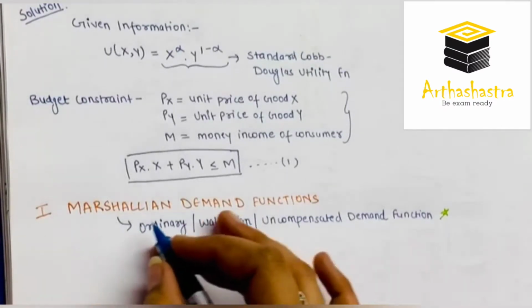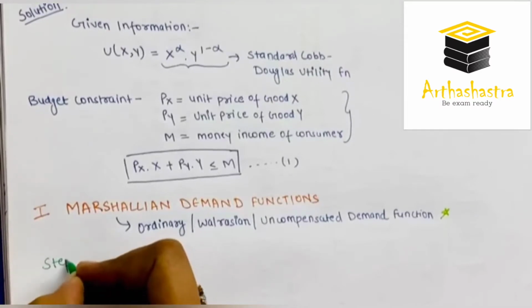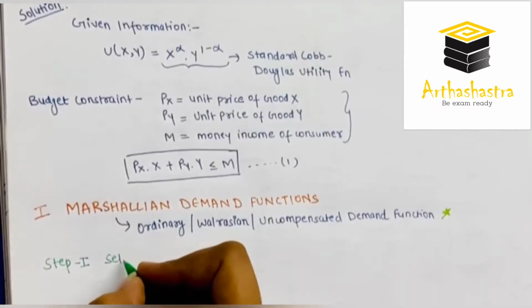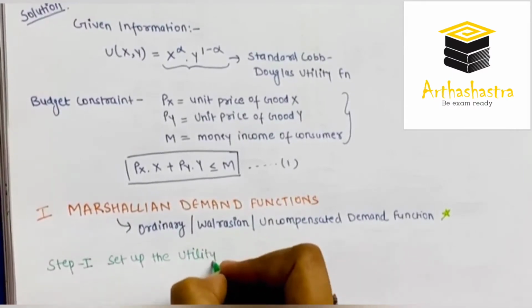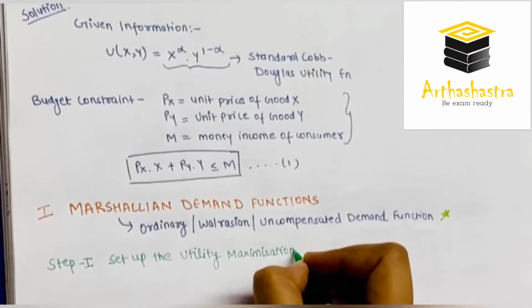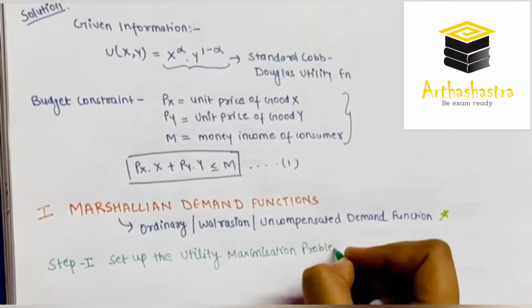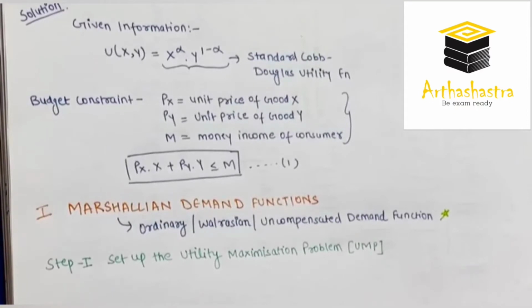Whenever we are asked to find Marshallian demand functions, we need to set up the utility maximization problem. For this, we are going to write this stepwise. So I am writing step 1 as: set up the utility maximization problem, UMP.